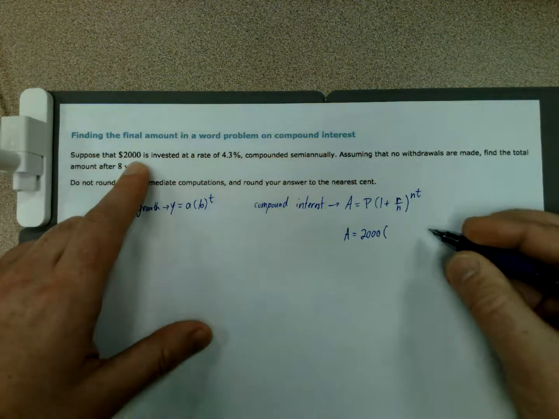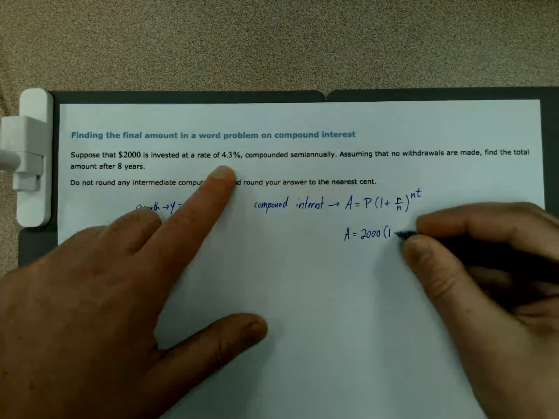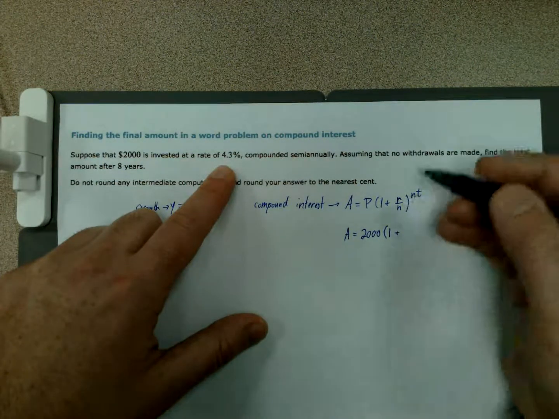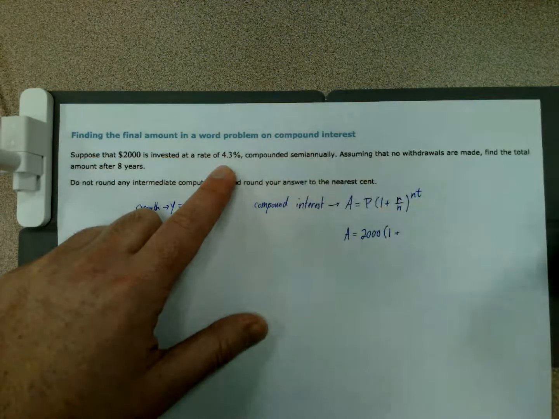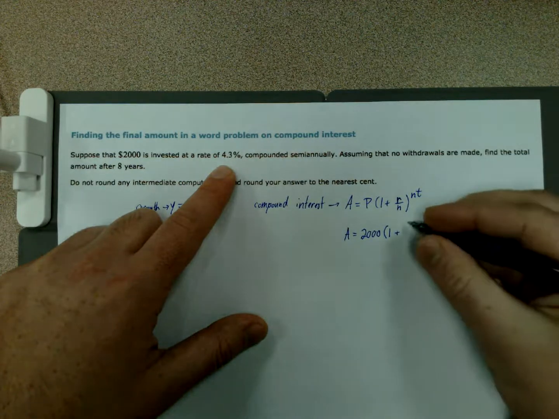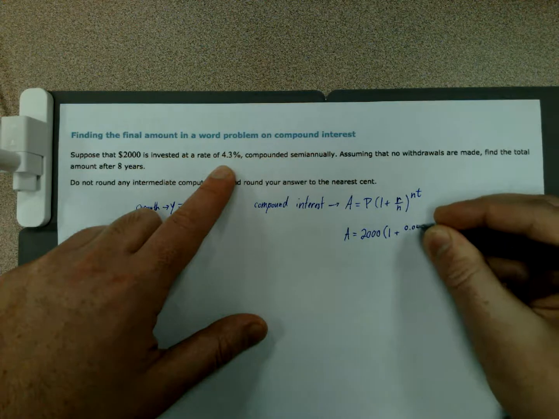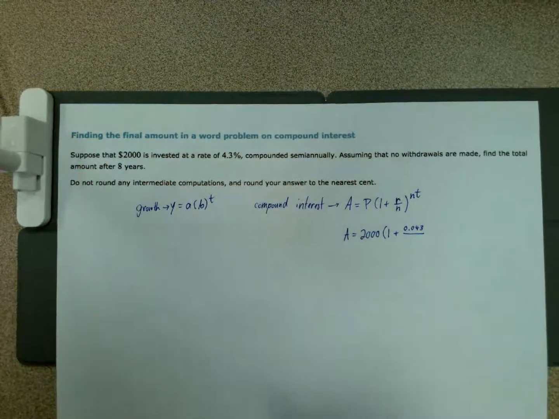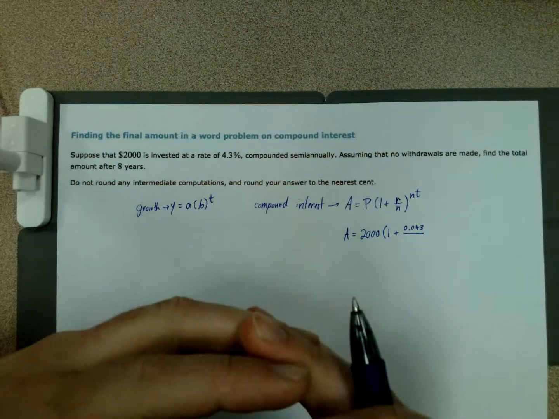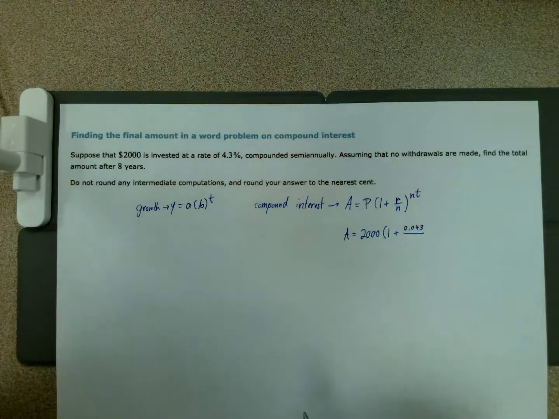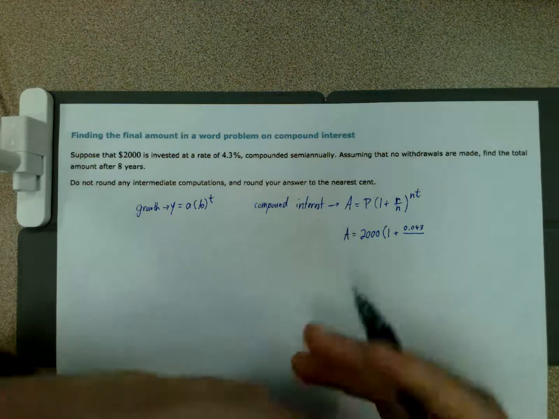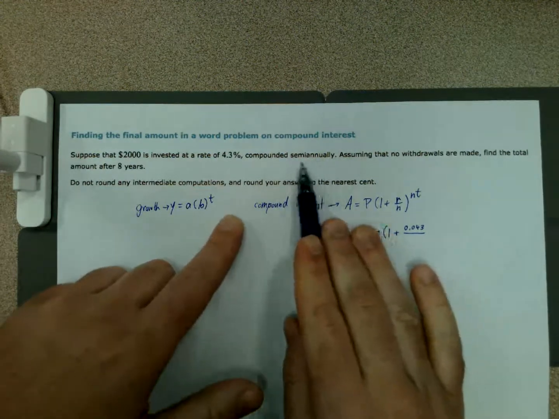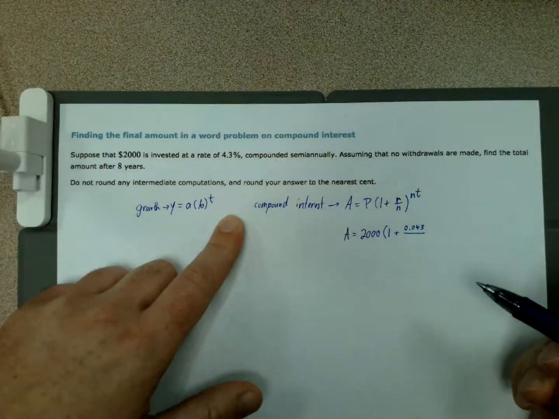Fill in some of these other parts. 1 plus, and then my r is your rate. Remember, we do need it as a decimal. That doesn't change the way we do that, so we get 0.043 divided by n, which is the period that we're using, whatever the unit. In this case, it is years, so it's semi-annual.